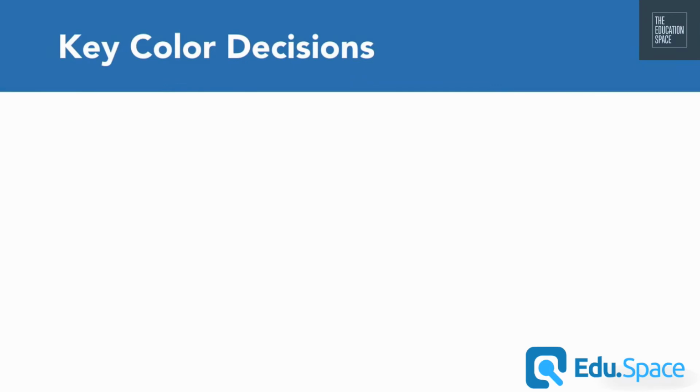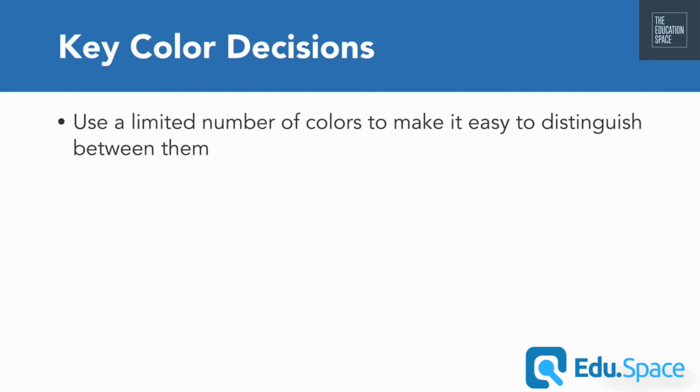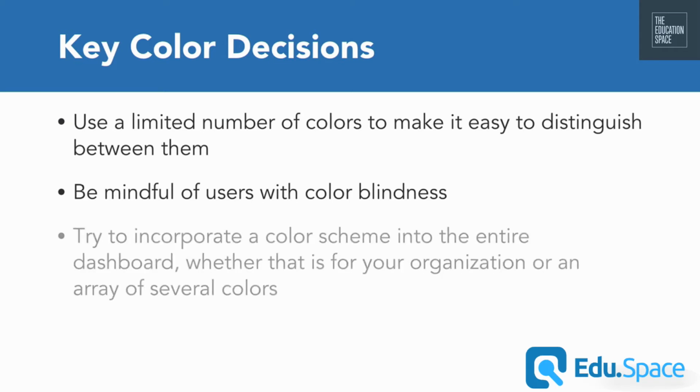Using color mindfully is a great way to create impactful dashboards and visuals for the user. When using colors, I find it helpful to use a limited number of colors so we can easily distinguish between them, being mindful of users with visual impairments such as colorblindness, and trying to incorporate your organization's color scheme into a dashboard, which makes it look more professional and more appealing to users.